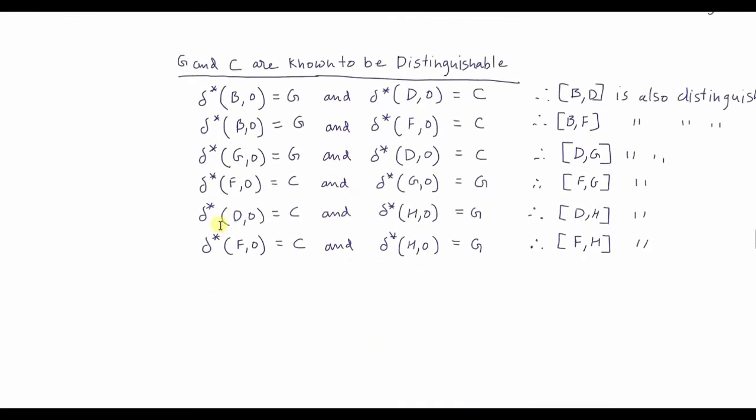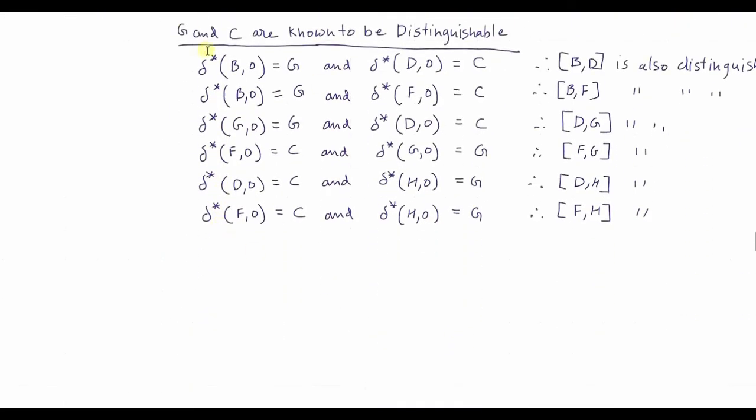So the same thing I'll write without wasting time. Okay. So we know that C and H are known to be distinguishable.